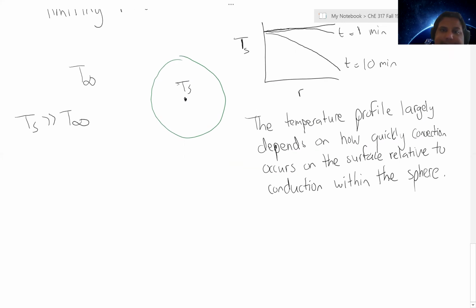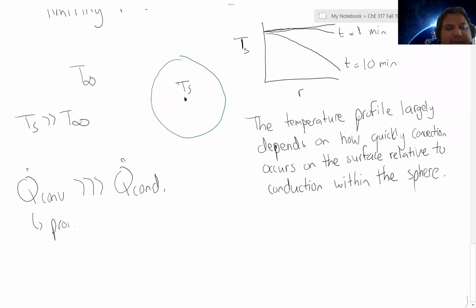Meaning, if my expected convection rate is much greater than my expected conduction rate, the outer surface will be much cooler as compared to the center. And so I can expect a very pronounced temperature profile.